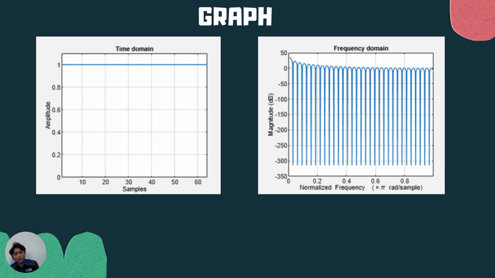As you can see, the time domain graph is at one amplitude, and for the frequency domain, we get many frequencies from minus 50 dB to minus 250 dB.